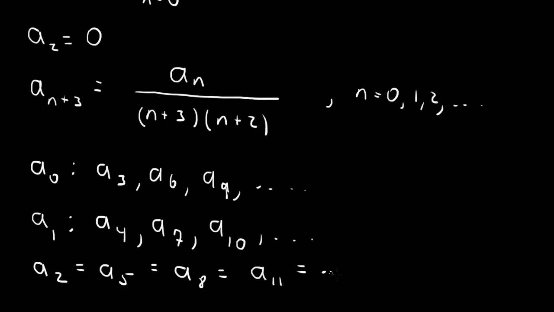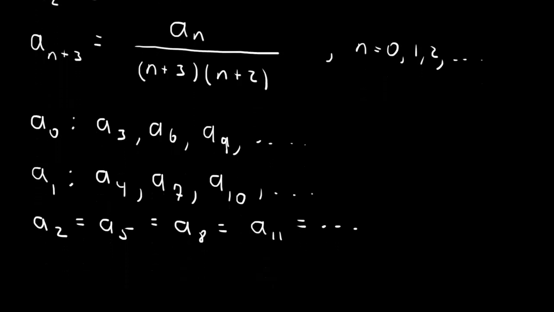So all of these a coefficients will be identically 0. So we just now have two coefficients that can't be solved for, a0 and a1. But we can find a3, a6, a9, a4, a7, a10 in terms of the first sequence in terms of a0, the second sequence in terms of a1.